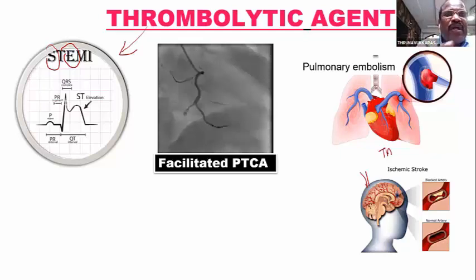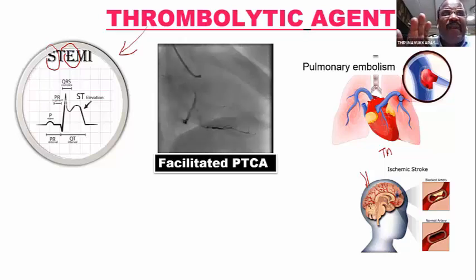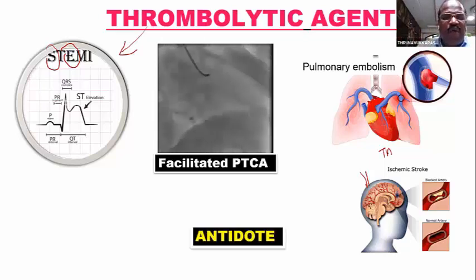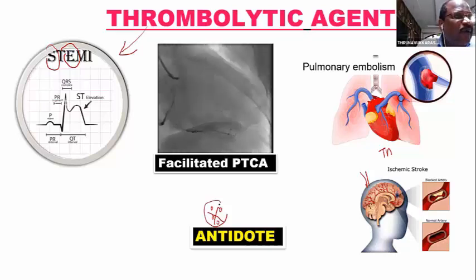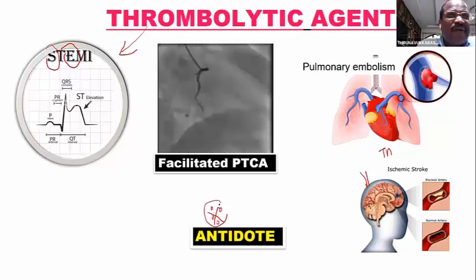But the very important question, the common problem, is bleeding, so you should know the antidote. This is again an MCQ. You must know: what is the specific antidote for thrombolytic agents? We have three drugs.